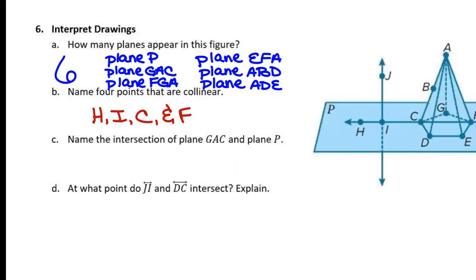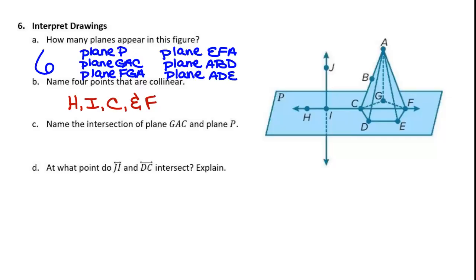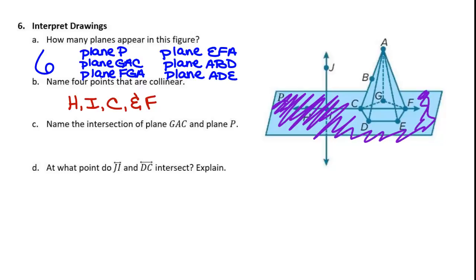Beautiful. Name the intersection of plane GAC and plane P. Well, we already know that plane P is this plane down here. Plane GAC, here's G, here's A, here's C. So this guy right here is plane GAC. Does the bottom, plane P, my purple plane, and GAC touch each other anywhere?